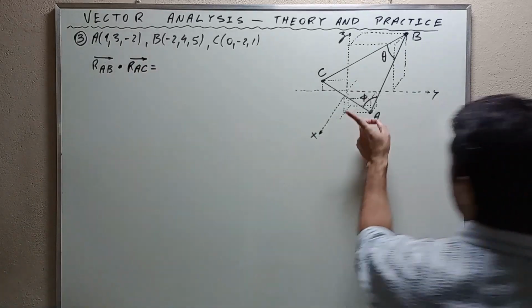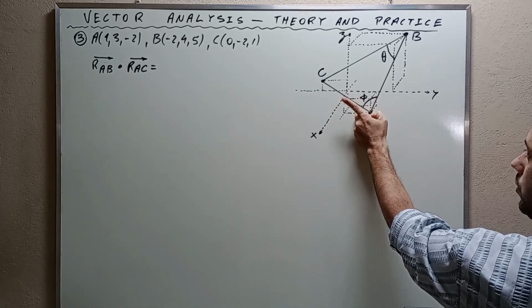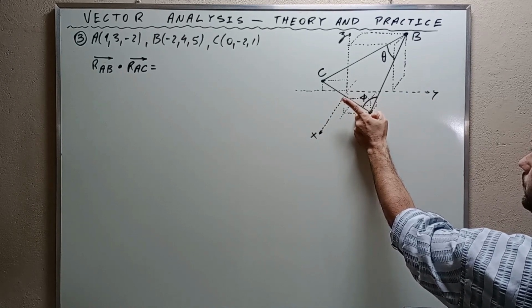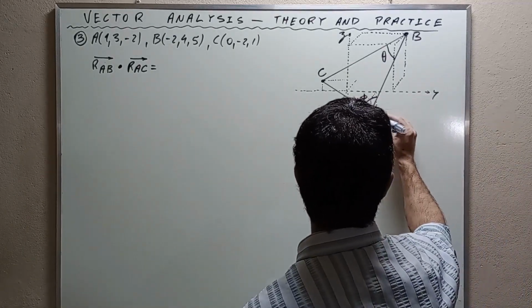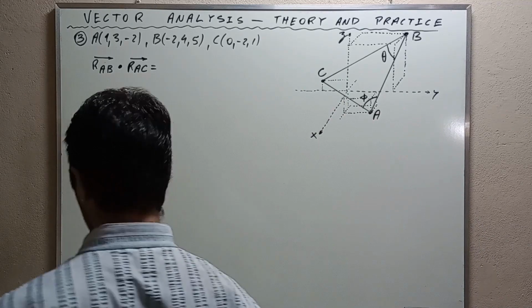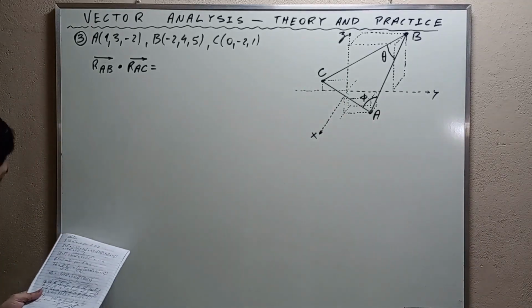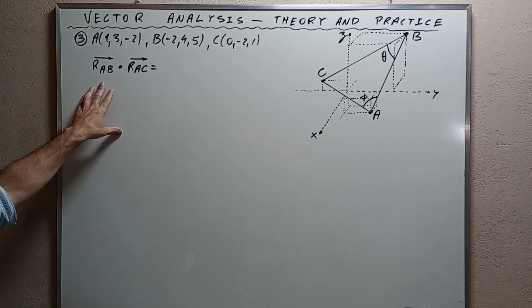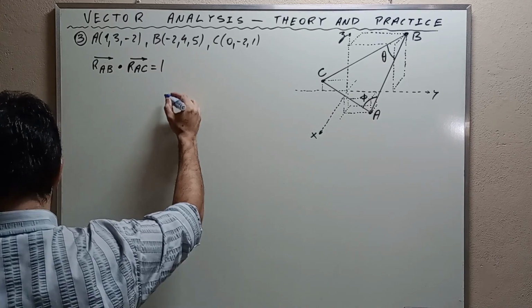RAC is the vector in this direction here, pointing from A to C.